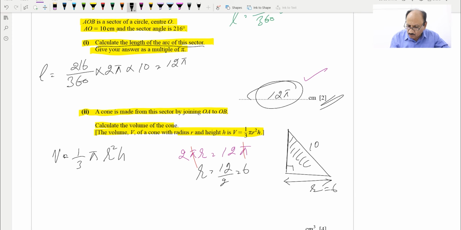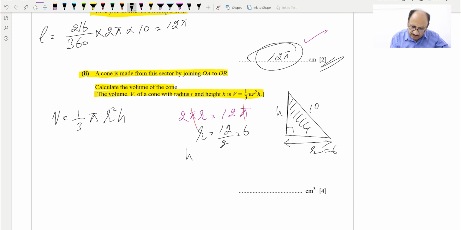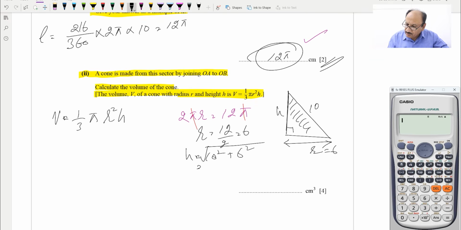We can apply the Pythagoras theorem to find this height, which will be the height of the cone. So height will be equal to 10 square plus 6 square under root.